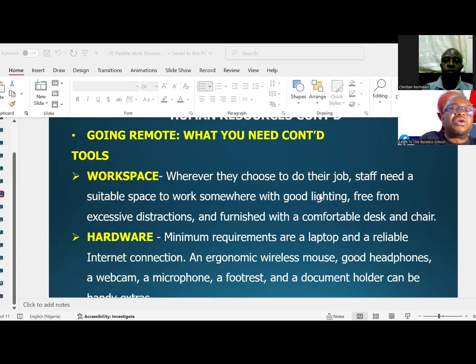They can say, come to work 2 days and stay home for the other 3 days. Work from home, or work from the workspace. That will reduce the cost of running the AC and the fuel in the general office. So it's an advantage.